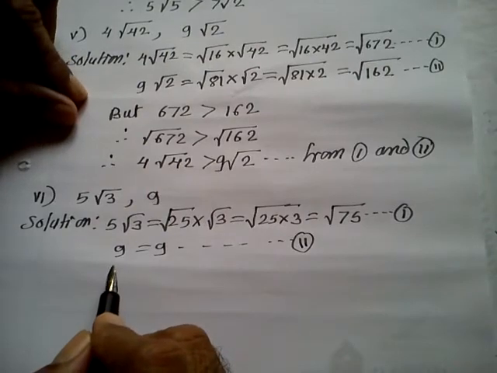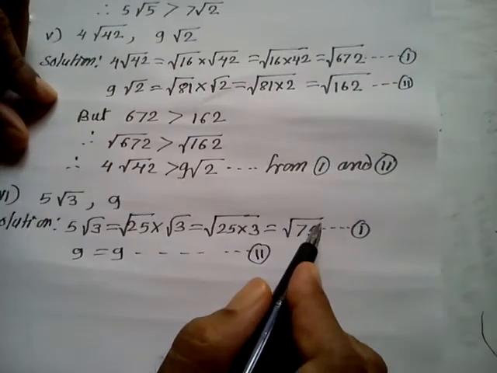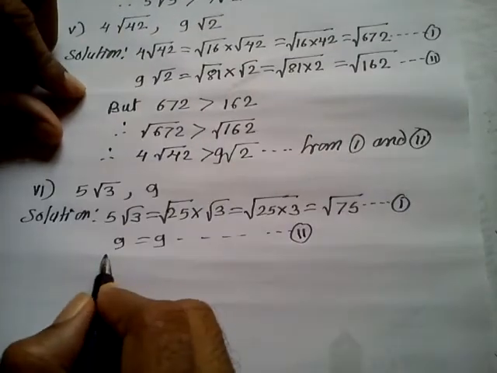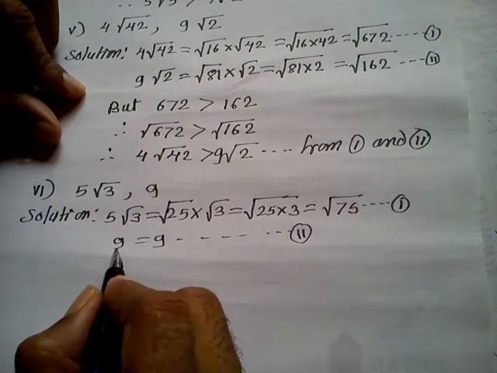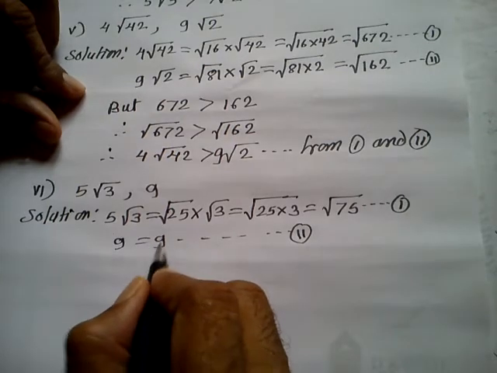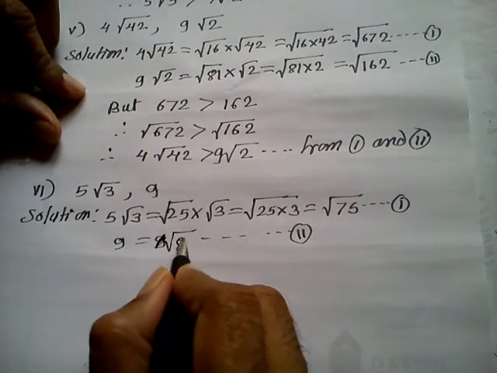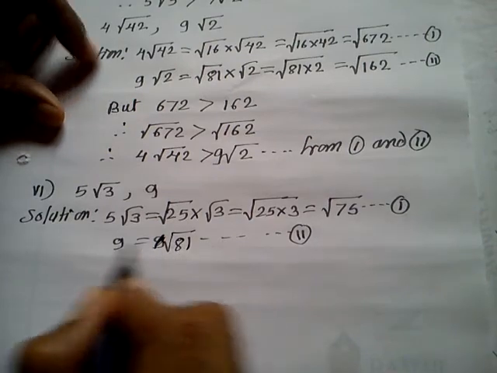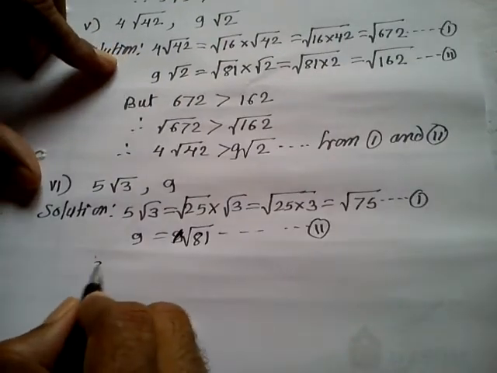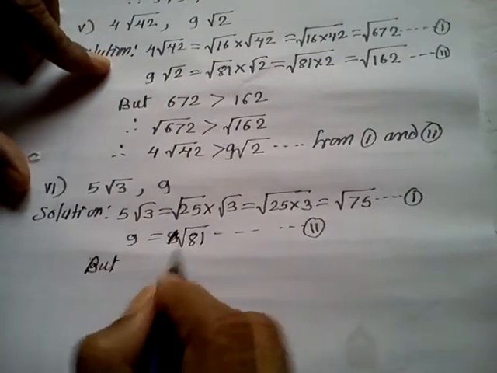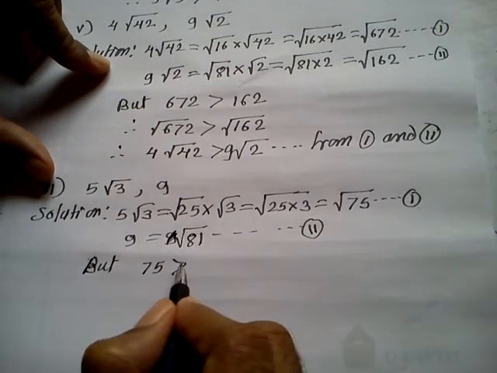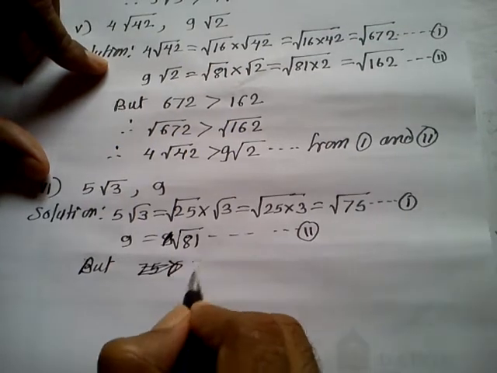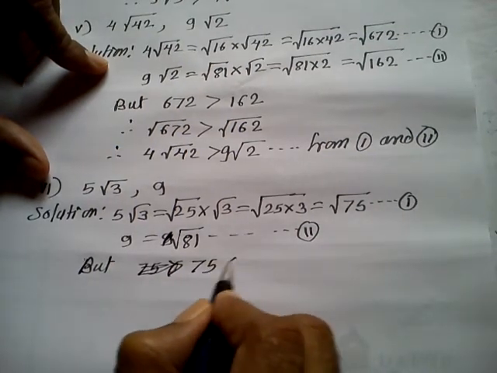So what we can write? 75, or you can write root 81 is equal to under root 81, like this. Square root of 81 is 9. But first number 75 is less than 81.